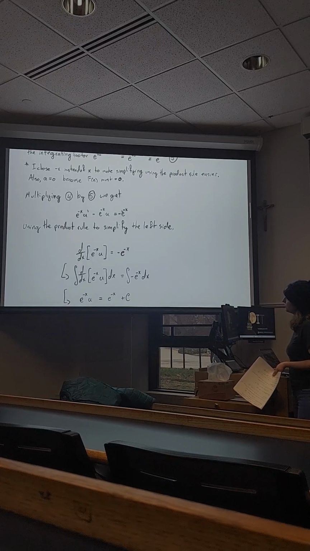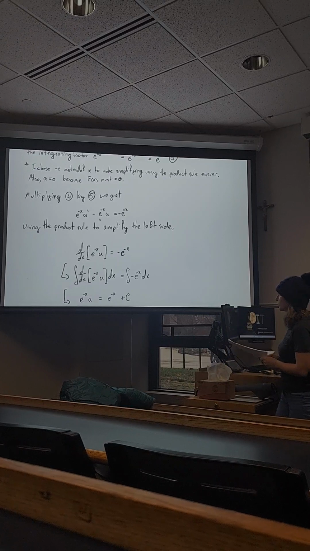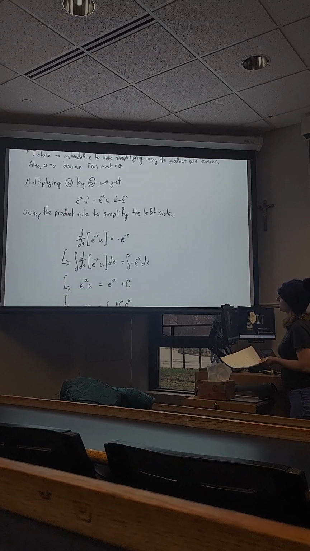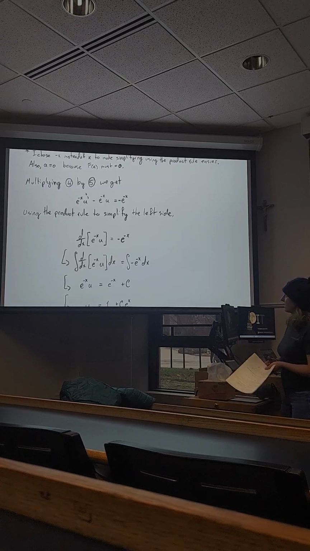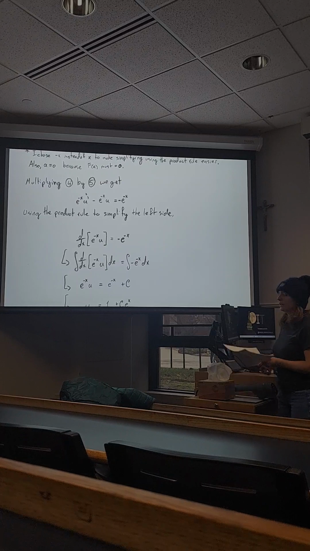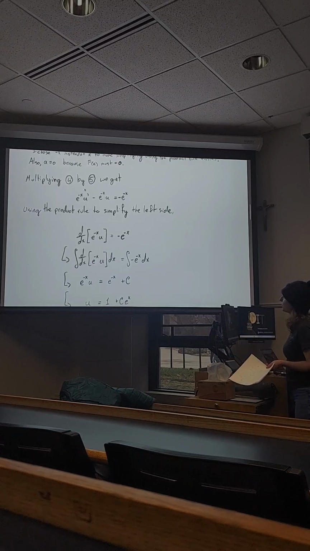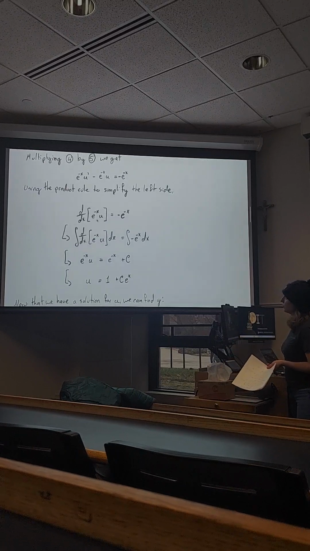equation right here. And now we have an ordinary differential equation which we can solve. So if we notice here, this left side of the equation can be simplified using the product rule of calculus. So then we end up with this equation, and the right side stays the same.